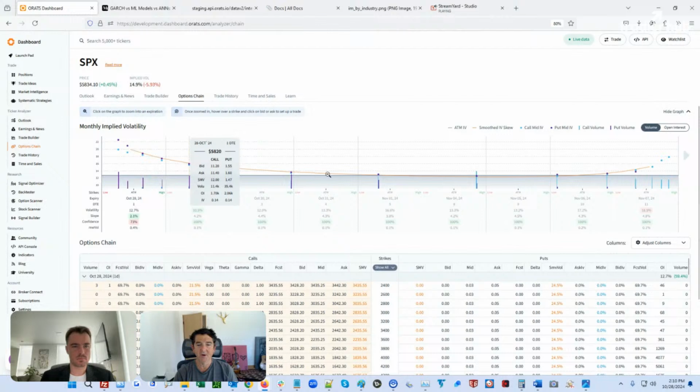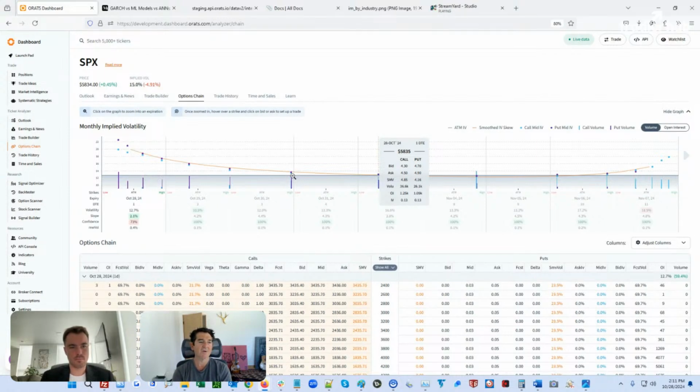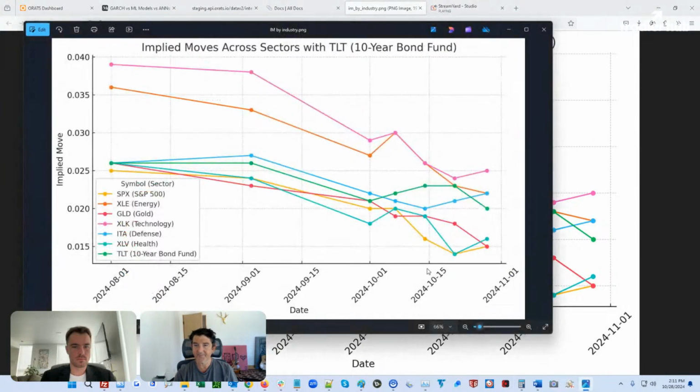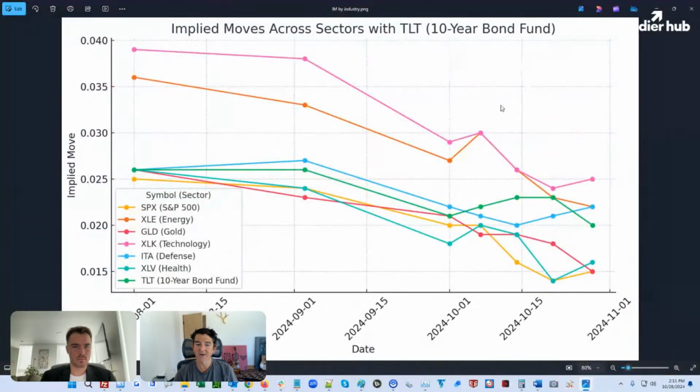It's drawing this orange line through all the put and call implied volatilities and solving to make sure the call and put implied volatilities are close. That is the important thing that we do in order to get these really accurate numbers, in order to be able to make a graph like this. In order to make a graph like this, you need very accurate implied volatility numbers.